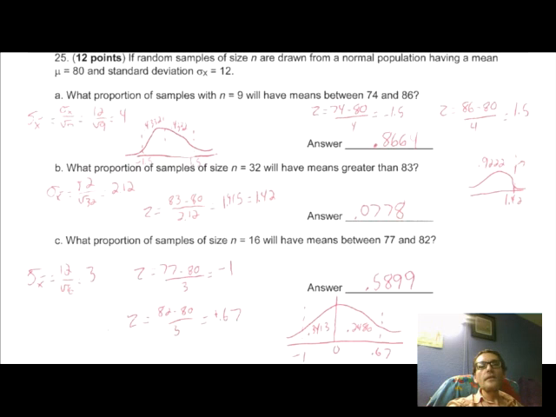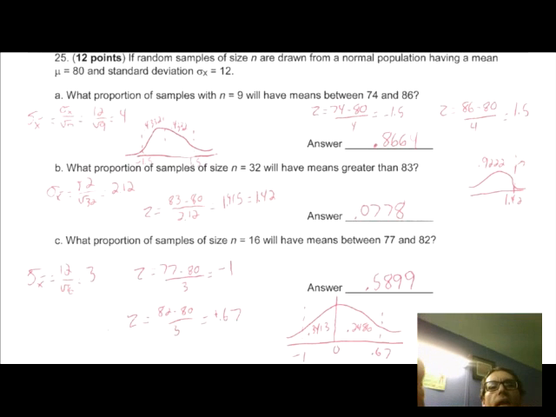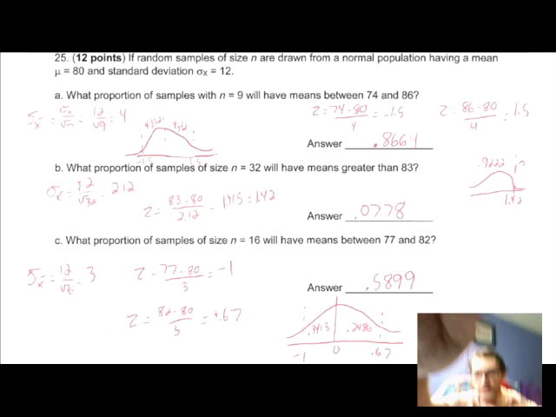And in the second one, sigma sub x bar equals, again, the 12, but now over the square root of 32, the sample size, to get 2.12. And in the bottom one, sigma sub x bar equals 12 over the square root of 16, and we get 3. Okay, so we get three different standard errors.